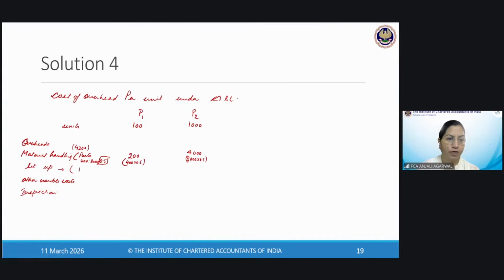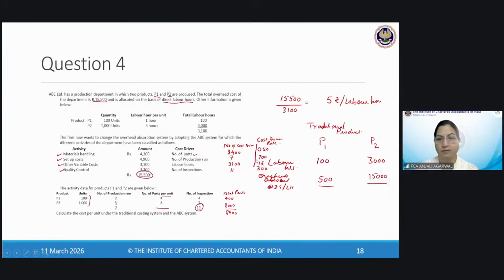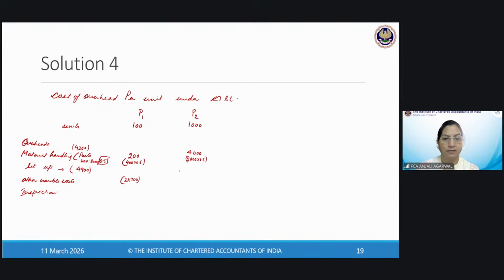So just write here 4,900 total cost. 2 into 700 and 5 into 700. So the way 4,900 is allocated is 1,400 and 3,500.